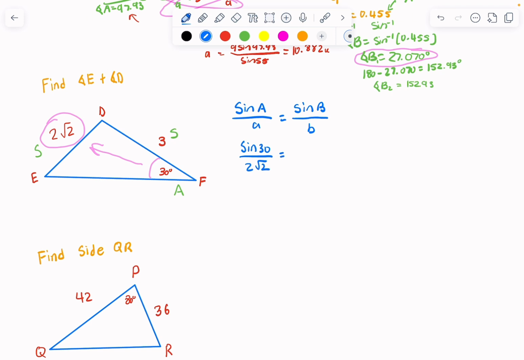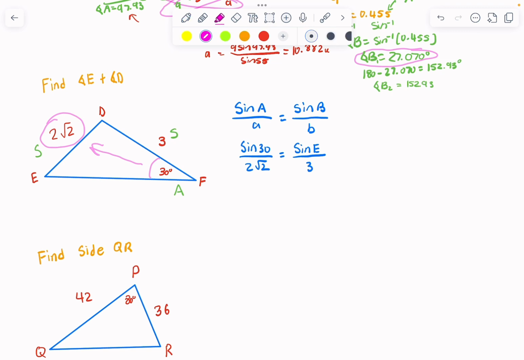And now the only possible angle that we can find, because we're looking for angle E and D, in this situation would be angle E, because we have its corresponding side, which is 3. So we're going to plug that in. So that's sine E over its corresponding side, 3.